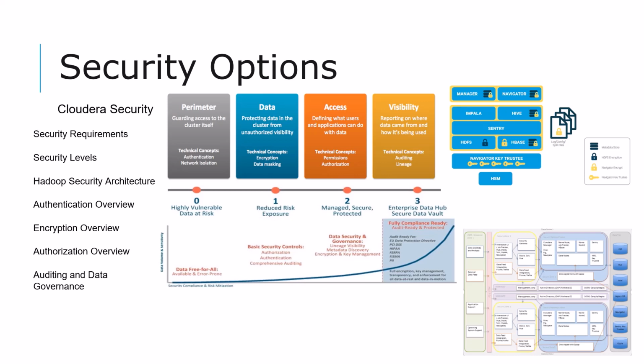This overview will introduce you. Here is a 1, 2, 3, 4 diagram, and the first diagram's security requirements are perimeter, data, access, and visibility.